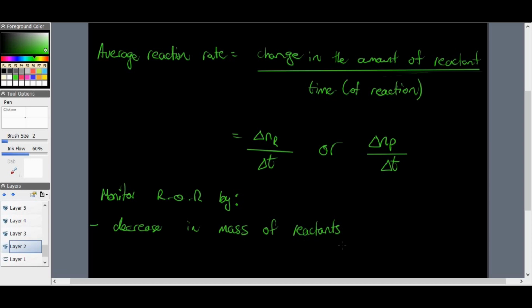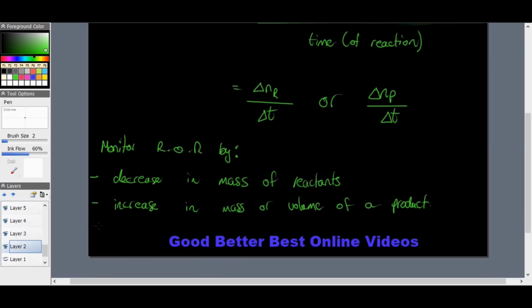Two, we can also have a look at the increase in mass or volume of a product. In this case that'll be a gas that's released, and that's also per unit time. Another way we could do it is to have a look at the change in concentration.